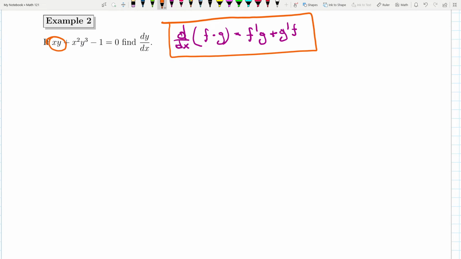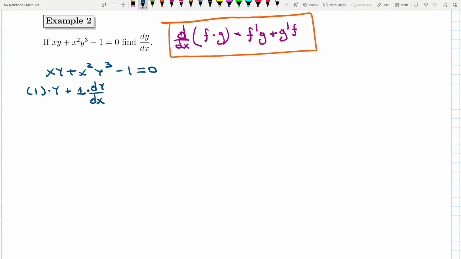Okay, so I'm going to differentiate x, and well, let me rewrite the function again. xy plus x squared y cubed minus 1 equals 0. So the derivative of the first product will be the derivative of x, which is 1 times y, plus the derivative of y. The derivative of y will be simply 1, but because we are differentiating a y, we need to multiply by dy/dx.